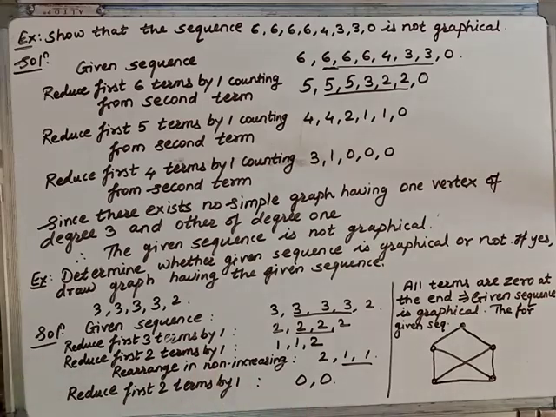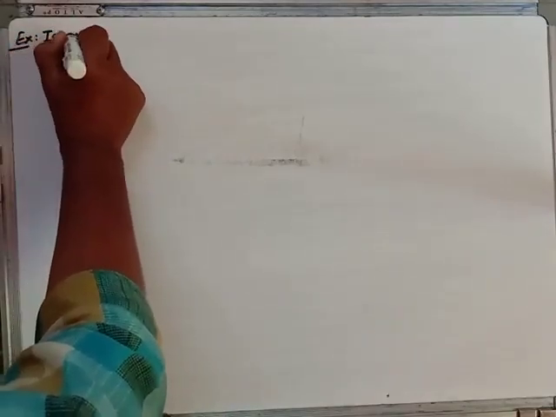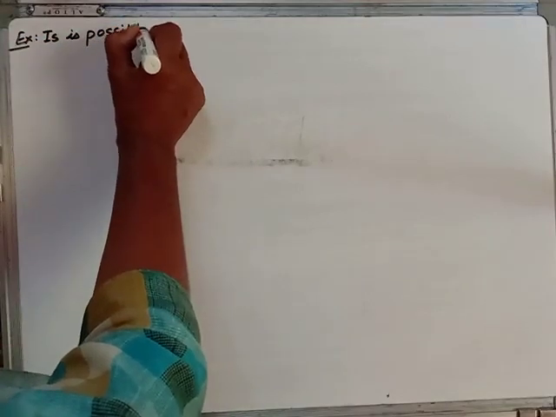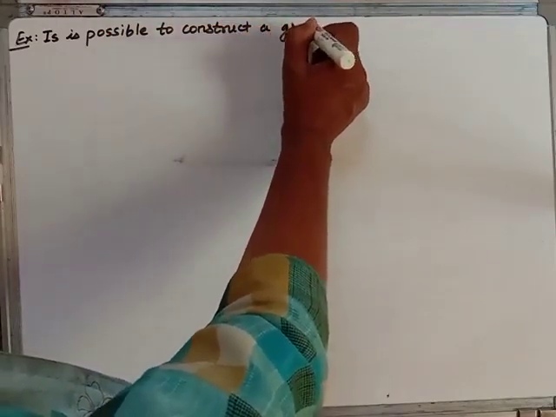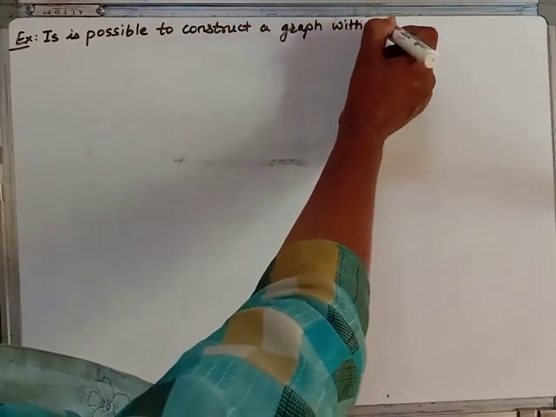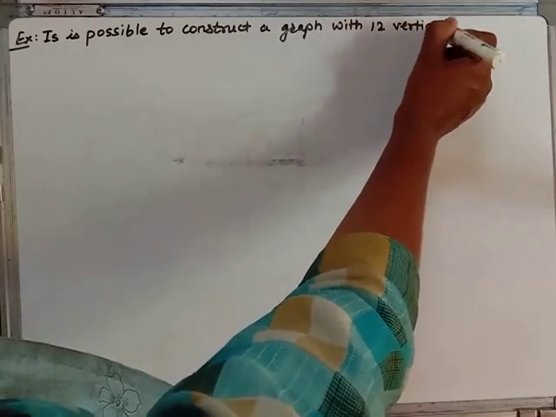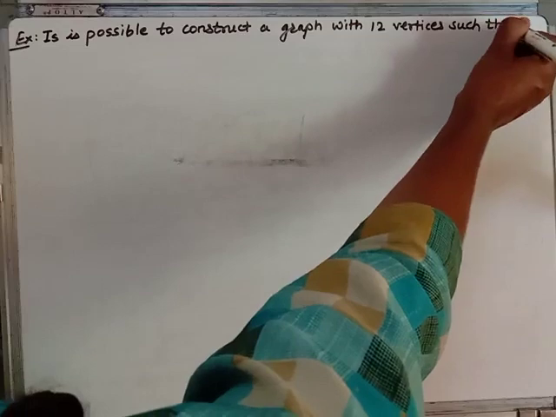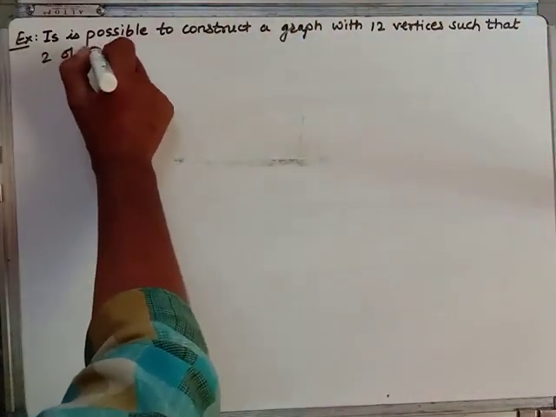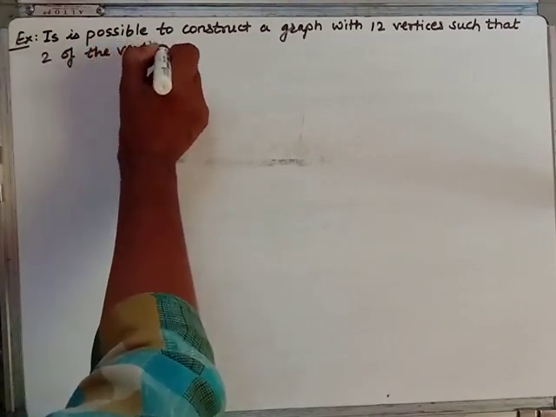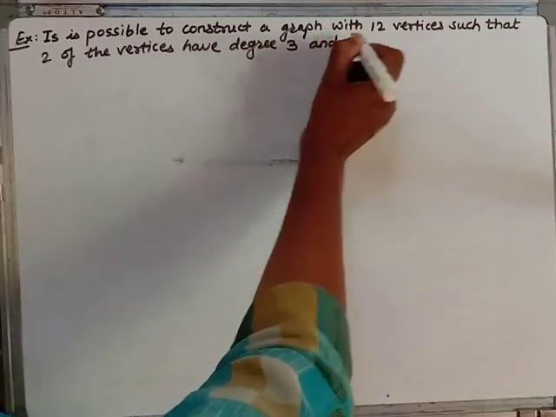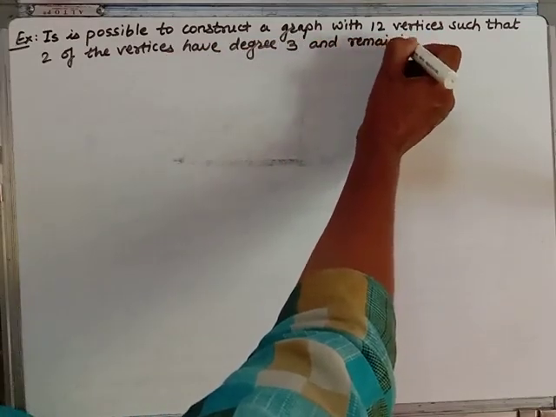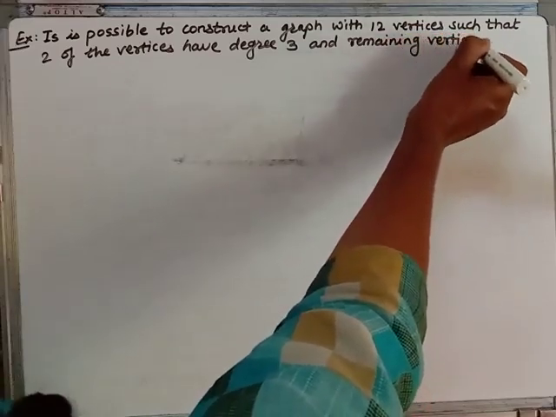Now let's see a few small examples. Example: is it possible to construct a graph with 12 vertices such that 2 of the vertices have degree 3 and the remaining vertices have degree 4?